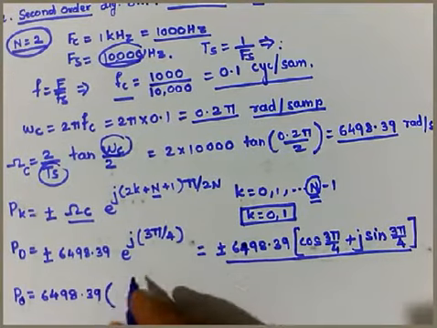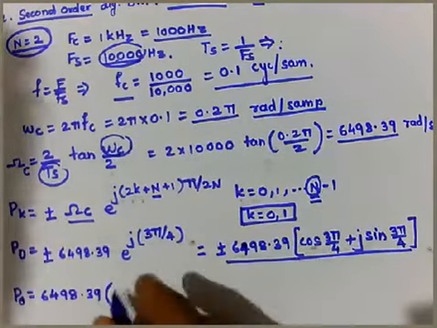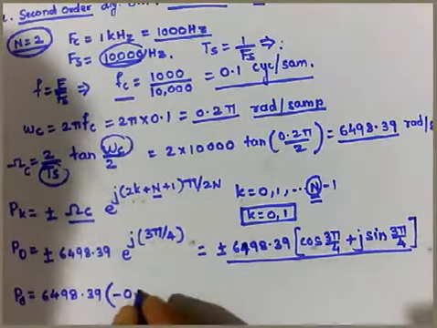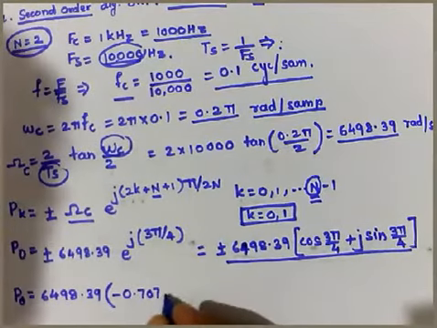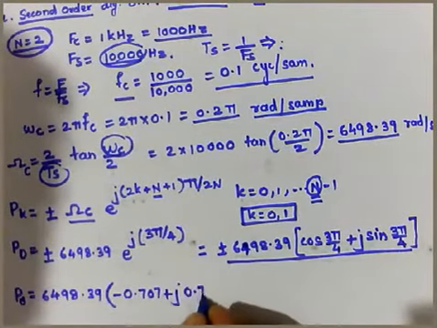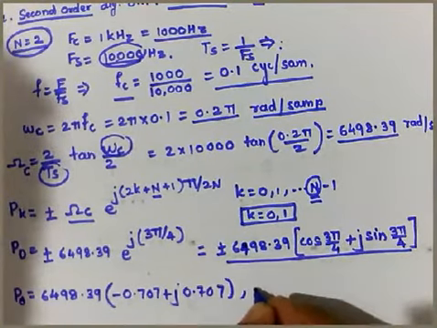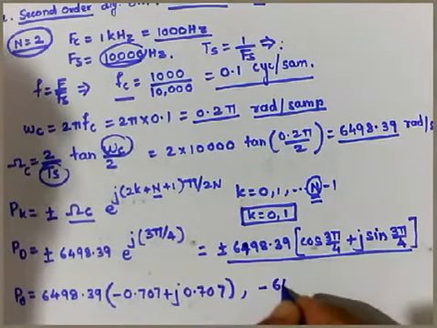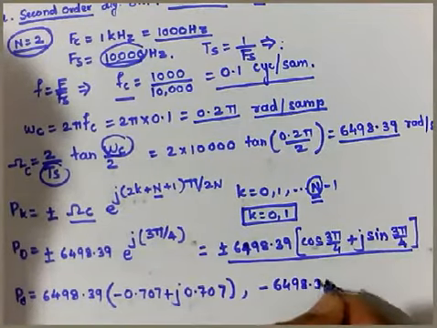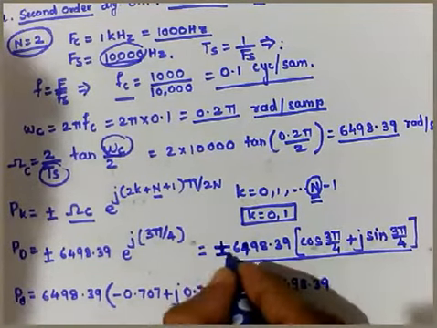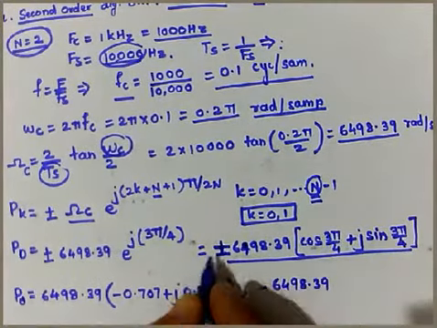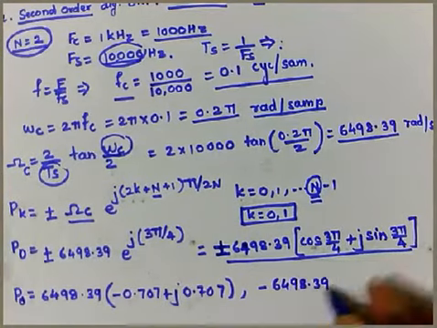What is cos 3 pi by 4? It is nothing but minus 0.707 plus j 0.707, and the second value will be what? Minus 6498.39, because it is plus or minus. So we will consider the plus first of all, then the minus.